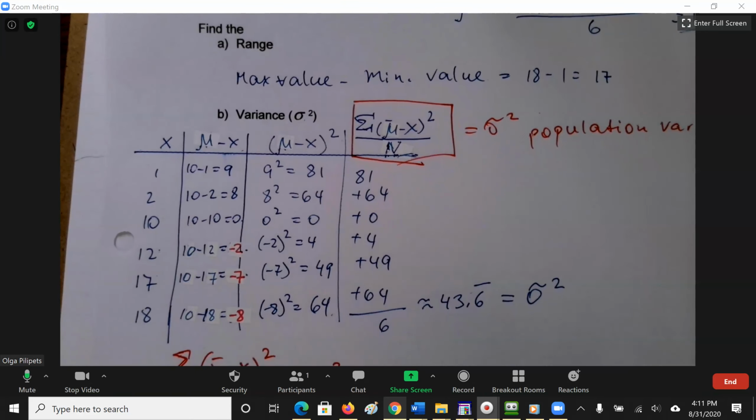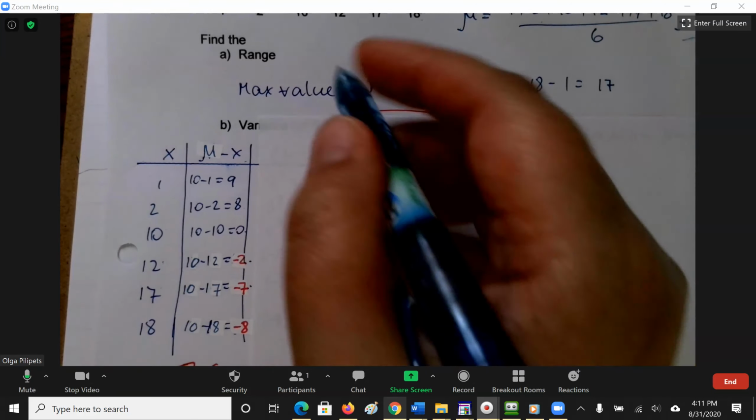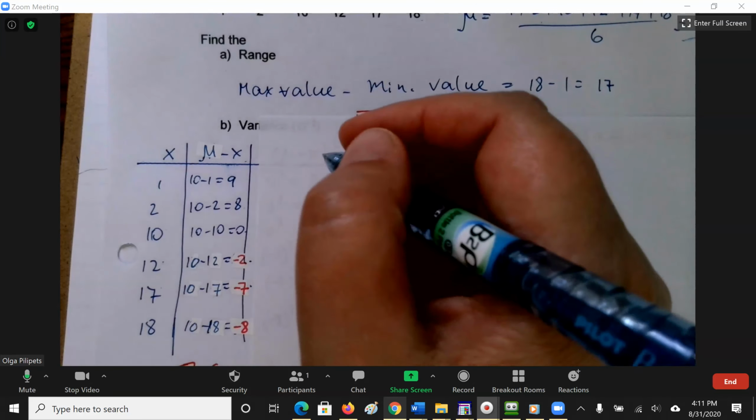They would cancel each other out. So that's why we said that we're going to square them to make them positive. However, there is a different way of making something positive, I'm sure you're aware of, which is taking the absolute value of a number. So the positive numbers would stay positive and negatives would become positive as well.